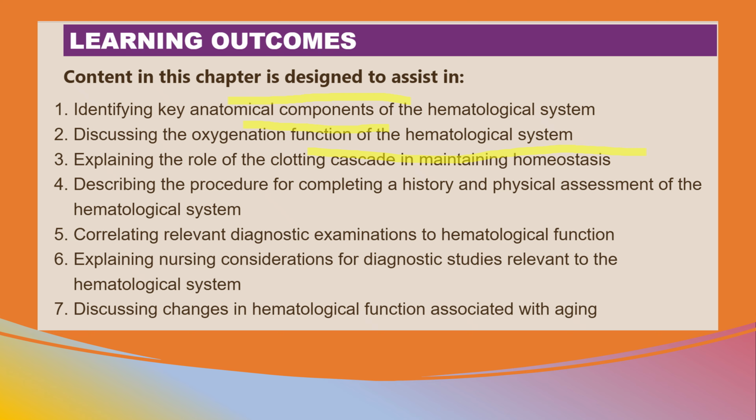4. Describing the procedure for completing a history and physical assessment of the hematological system. So here it says assessment, history and physical. So we remember that very detailed hematological history includes the fatigue, bleeding, bruising, recurrent infection, weight loss, diet, and family history.